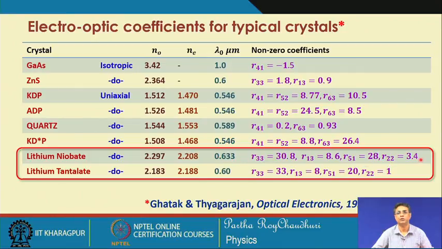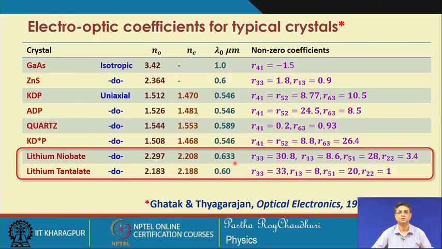These are the electro-optic coefficients. One can see that R33 and particularly R51 are very high in this number. As a result, we will see the effect is very strong in this case.